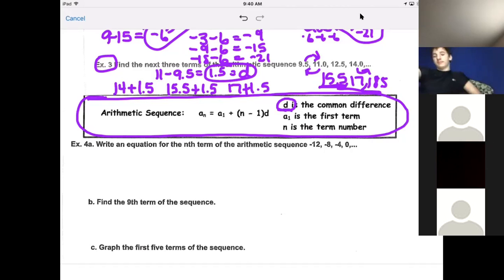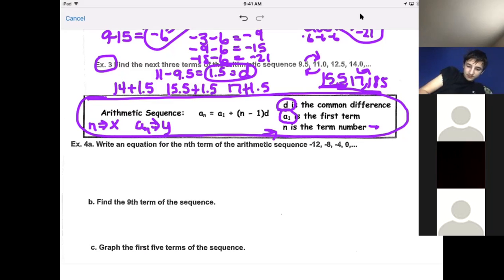A1 is your first term in the sequence, and N is the term number. So N is going to be like our X. Think of N as kind of like X, and AN is kind of like Y. Hopefully that helps you see that it's like a linear equation, okay?